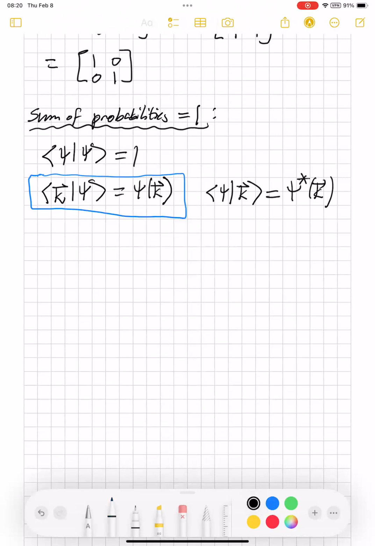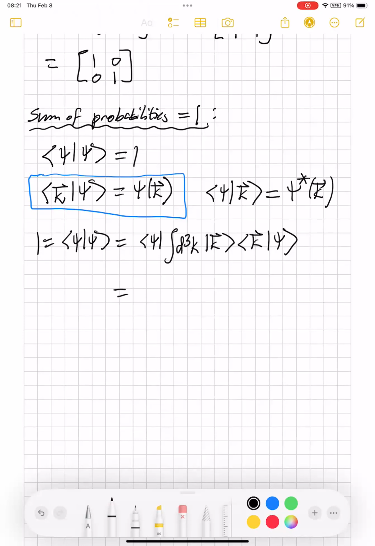Now, let's say 1 is equal to bra psi ket psi. Now, this can also be written as bra psi, and now I'm just going to sandwich a 1 in the middle. Of course, because this is just the identity operator, acting on psi is still just psi. So I just used the completeness relation here. Psi itself does not depend on k, so I can write the integral d3k outside.